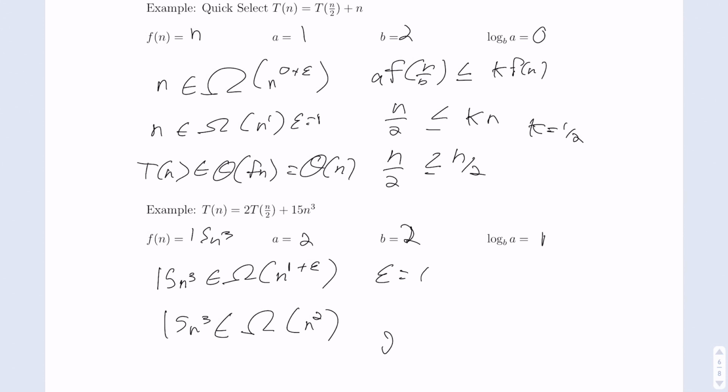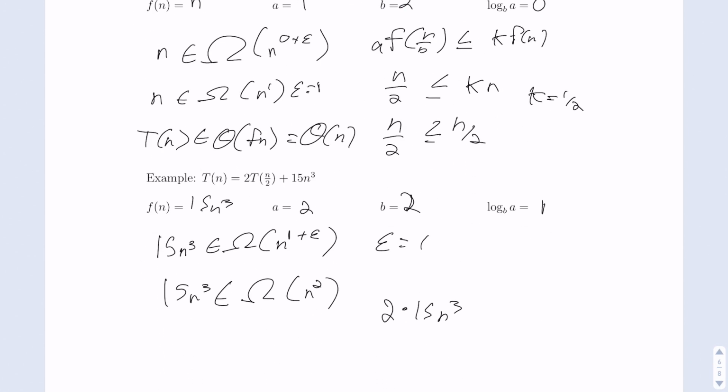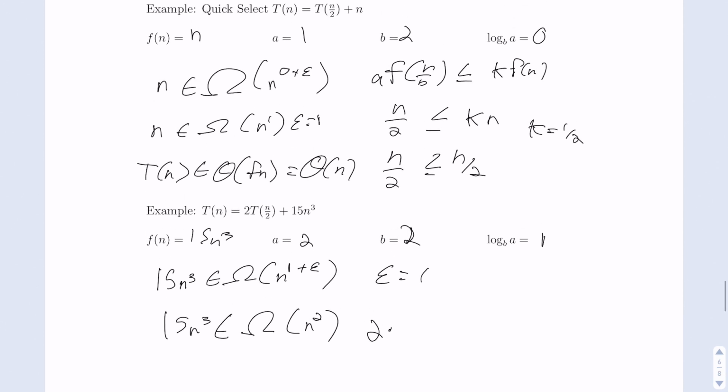So we have 2 times f of n over b, which would be 2 times 15n cubed over, what am I doing wrong?